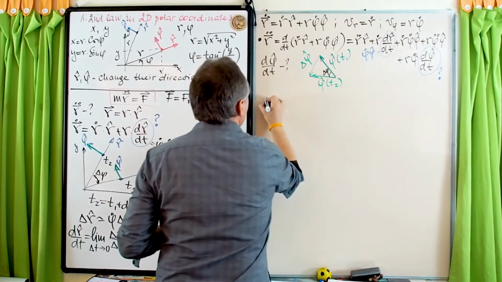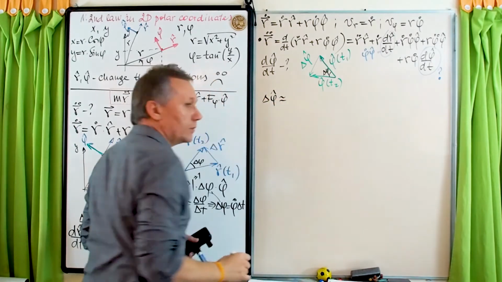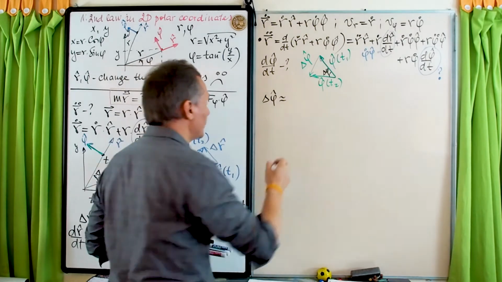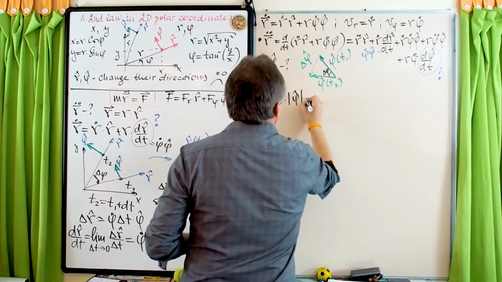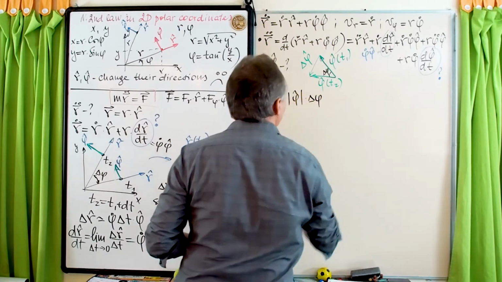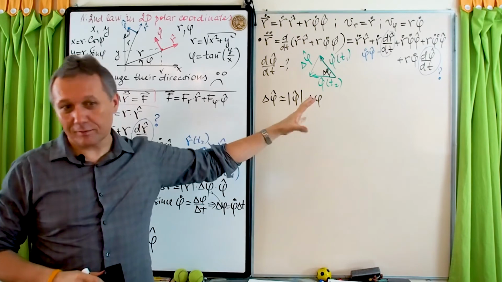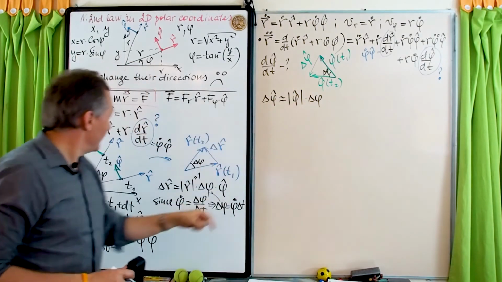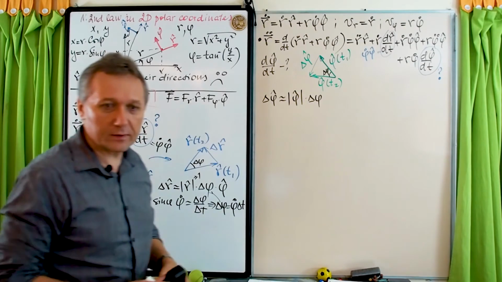Right, so from here we can write that delta phi hat approximately equals, approximately because we're talking about deltas, not infinitesimally small things. So it will be the absolute value of phi hat times delta phi, the angle, and the direction. Again, if you look carefully, you will see the direction of delta phi hat. It's a minus r direction. It will be exactly towards the center.